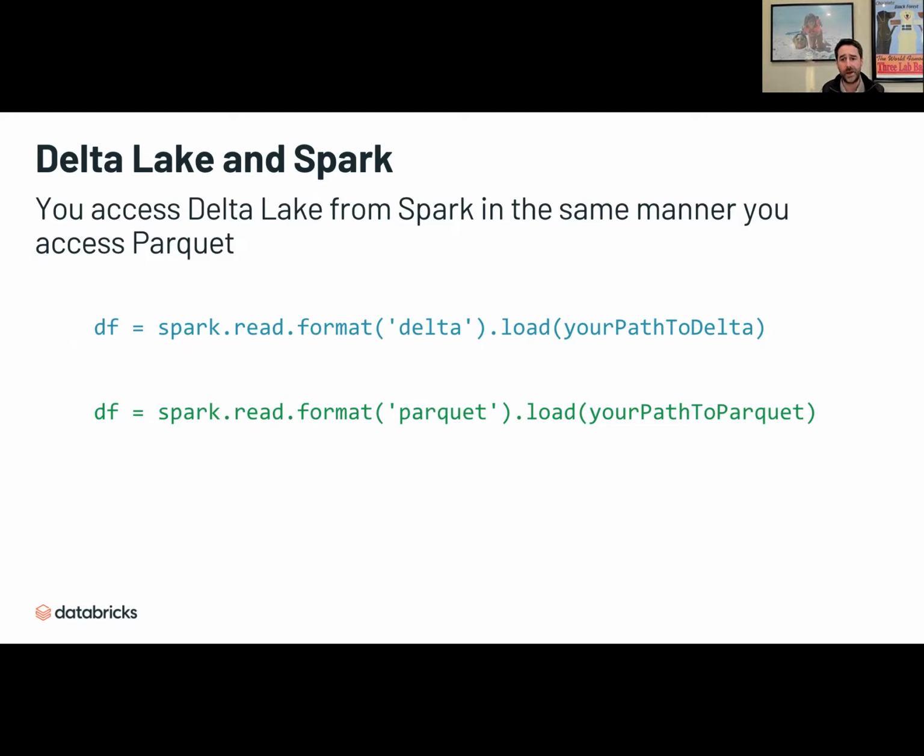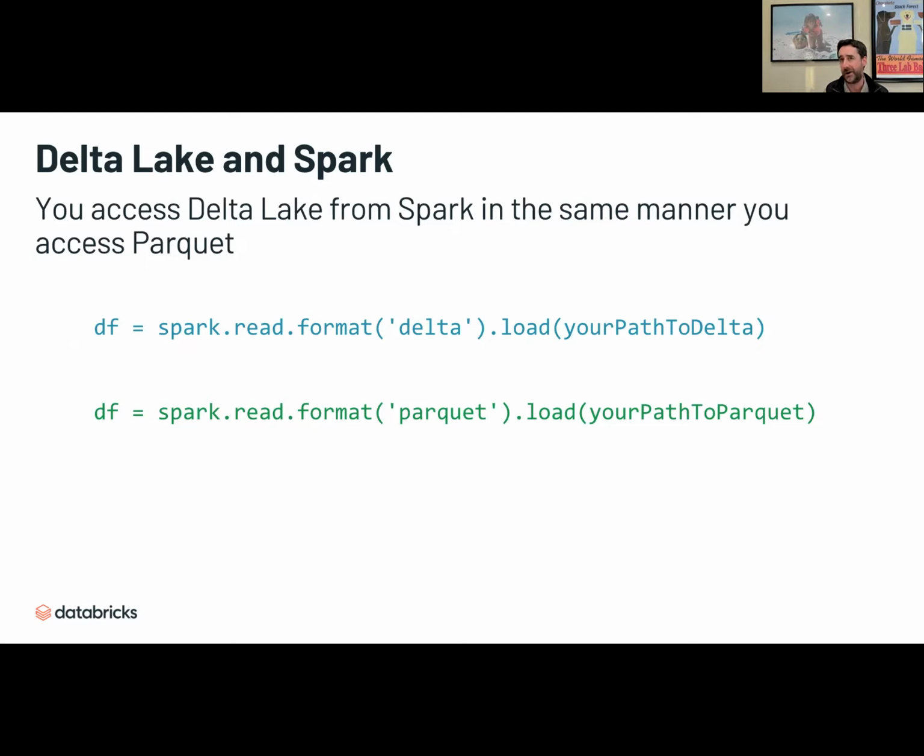A normal thing to do over the years is to read and write Parquet files. And what we did with Delta was to make the transition to Delta seamless, where it's essentially the same API, except you're just hitting a Delta table as opposed to Parquet.